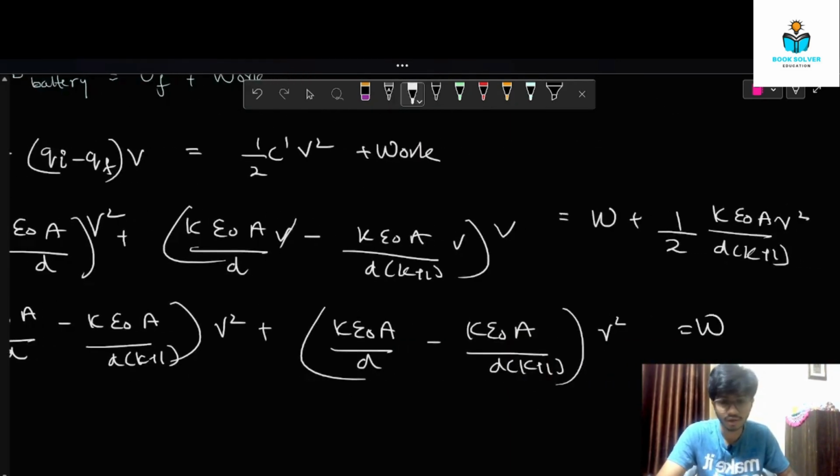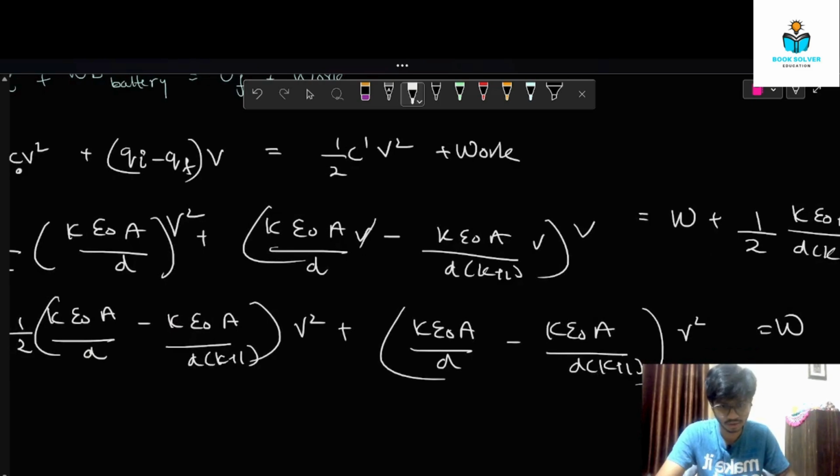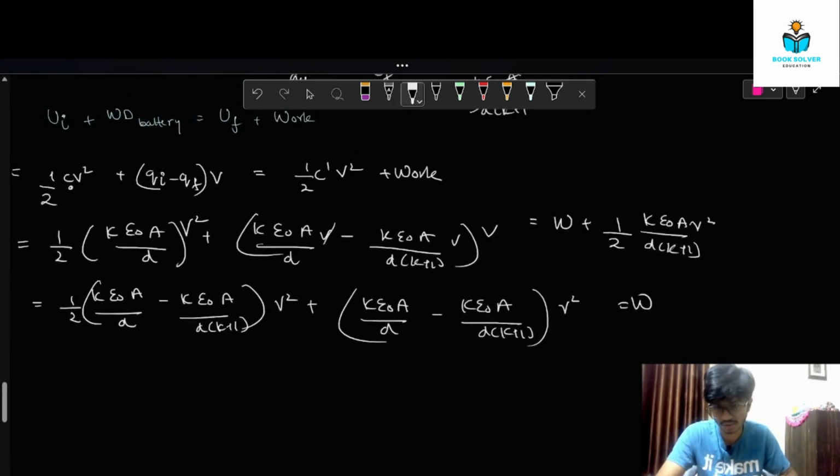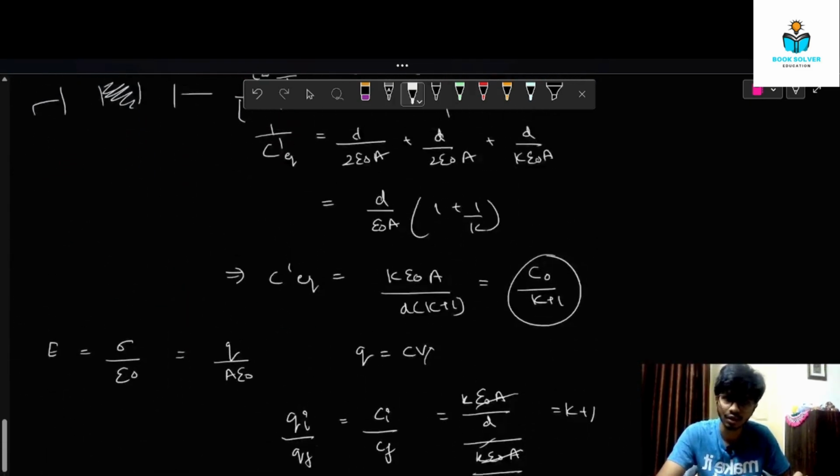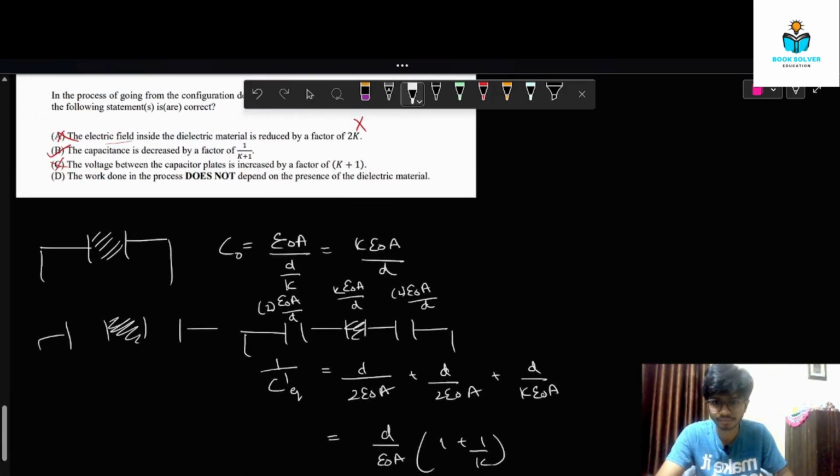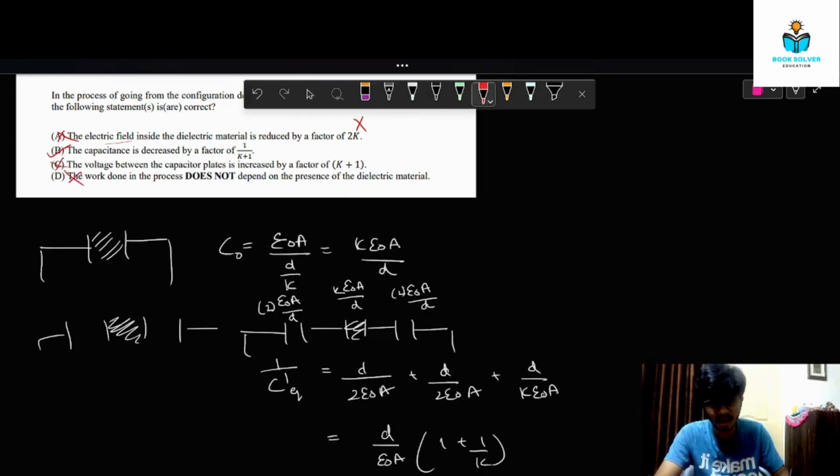You know what, we don't even have to solve this further. There is no way all the dielectric constants K will be getting cancelled out. So yes, it does depend on the presence of dielectric material. So this is wrong. So the answer is just option B.